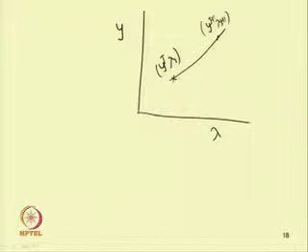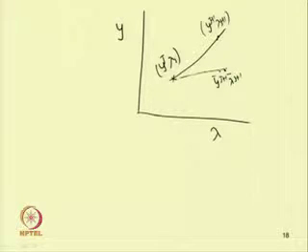So this is the actual solution we are interested to find. The continuation technique we are going to use should obtain this point in two steps. One step is the predictor step. First we have to predict the solution. So this is the predictor point, y bar j plus 1, lambda bar j plus 1.